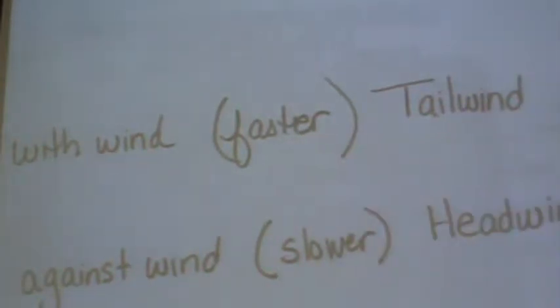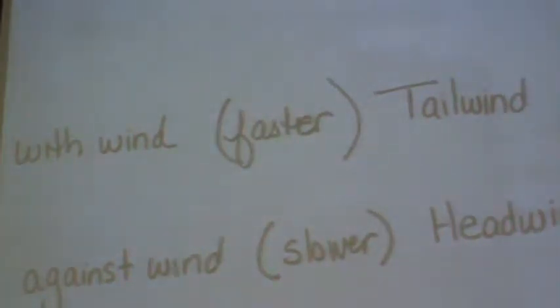You're just moving along, you can let your legs take a rest. This is going to be R plus W. What is R? R is your speed, your legs working. W is the wind pushing you.